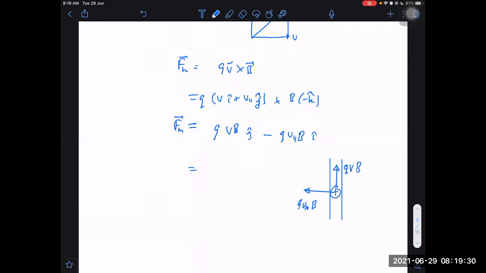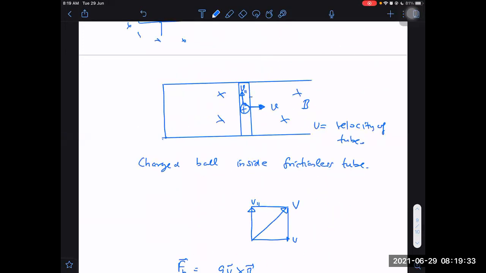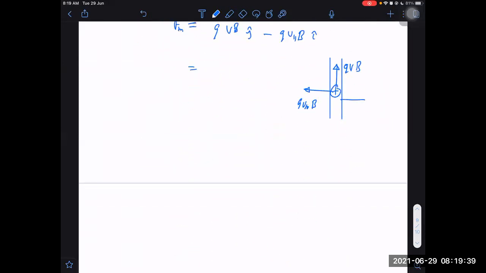Now, let us say in order to move the pipe, I am applying some force F and I am moving it with constant velocity. If I do that, then what will be the work done by the external force F?